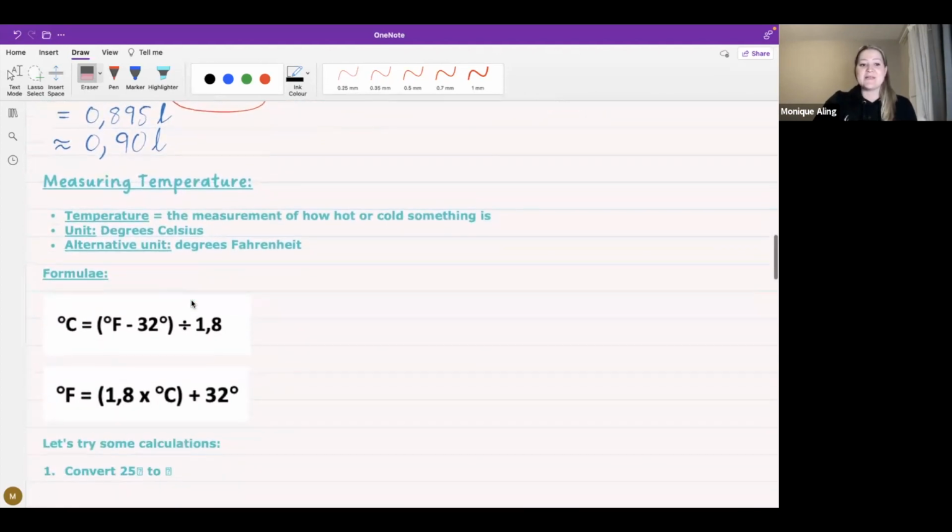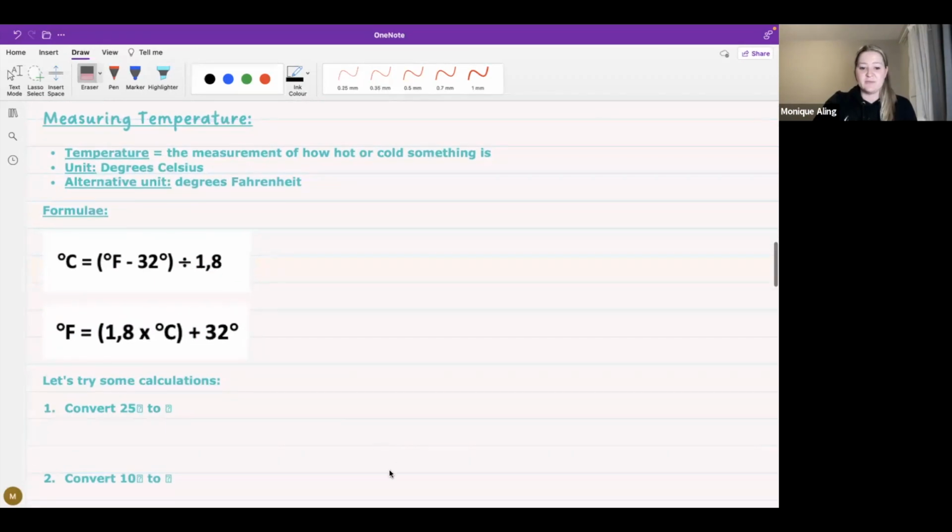Let's move on to temperature now. Temperature is the measurement of how hot or cold something is. The unit that we use in South Africa is degrees Celsius. An alternative unit is degrees Fahrenheit, and that's mainly used in America. The only thing you really need to know about temperature is how to convert between the two units, how to go from degrees Celsius to degrees Fahrenheit and vice versa.